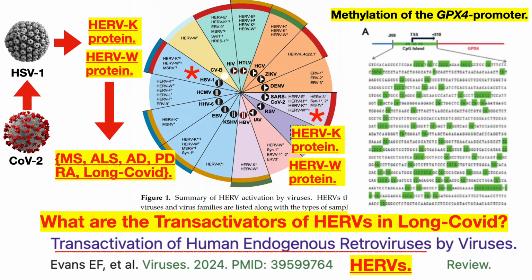So methylation of the GPX4 promoter is potentially very pathologic, and it is occurring in long COVID and in ischemic reperfusion injuries. In addition, the vitamin D receptor promoter can also become hypermethylated in infectious diseases such as COVID, and it can also become methylated in autoimmune diseases and cancer.